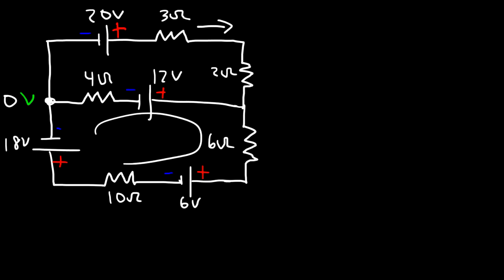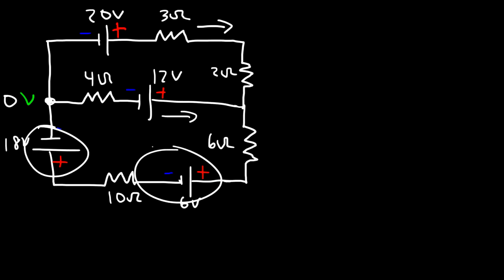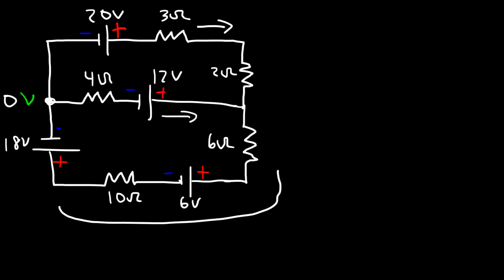Now looking at this loop, the 12-volt battery wants to send a current going in this direction, and these two batteries add up to make a 24-volt battery. The combined effect of those two batteries will want to send a current going in this direction as opposed to that direction. And this voltage wants to send a current going through this direction.